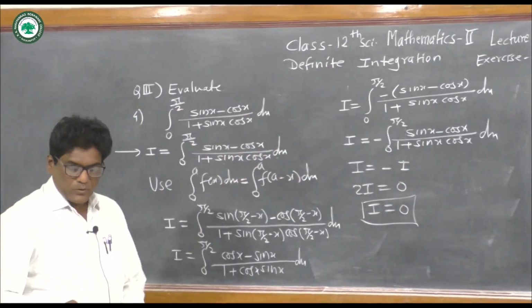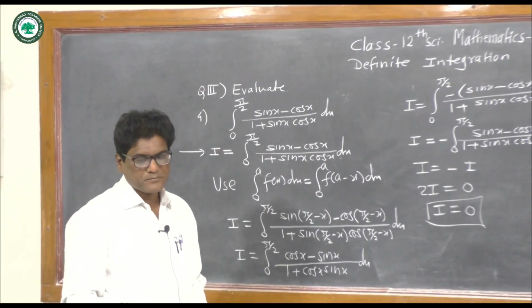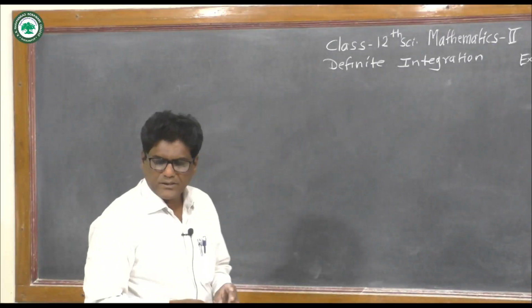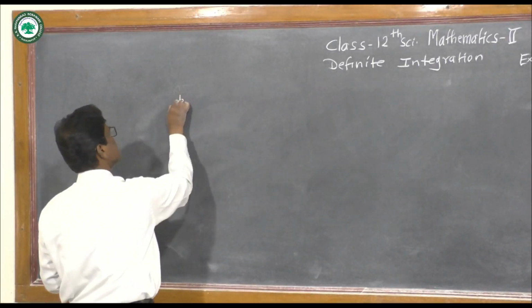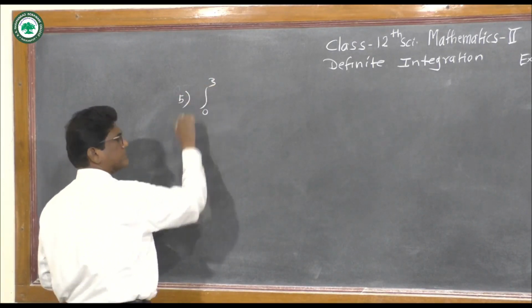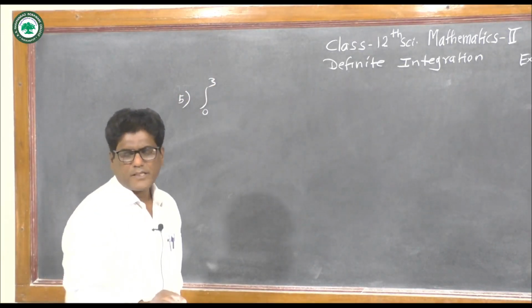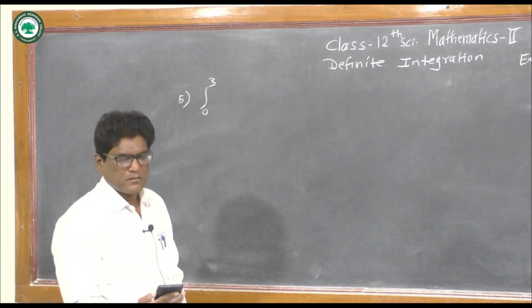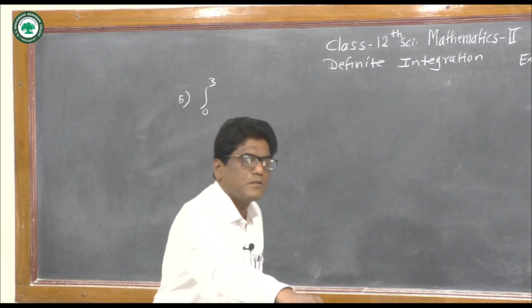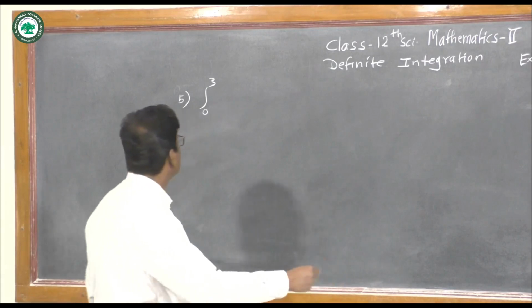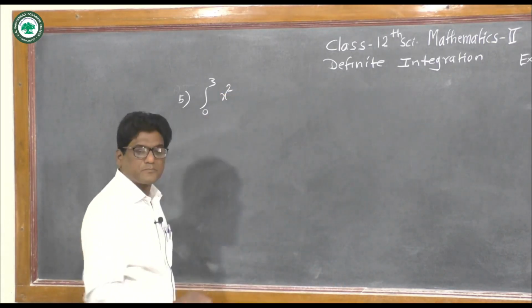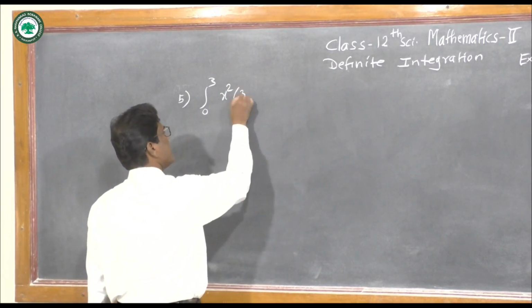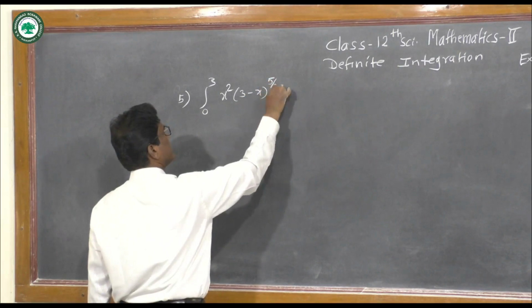So we have completed here fourth problem. Now fifth problem, integration 0 to 3 x square, 3 minus x to the power 5 by 2 dx.